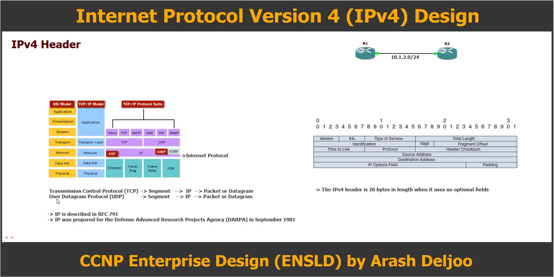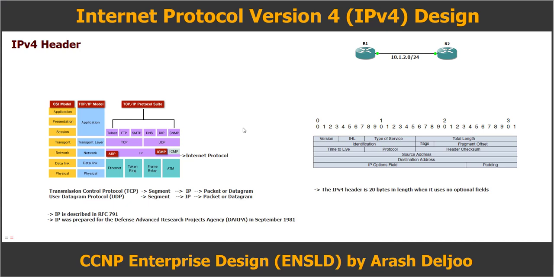They should create a segment, and after that, the segment should be sent to the IP or Internet Protocol. As you can see here, TCP and UDP should send their segments to the IP. And after that, IP should create the IP data, or packet, or datagram. We call it a packet. When we give a segment to the IP, it should give us a packet or datagram.